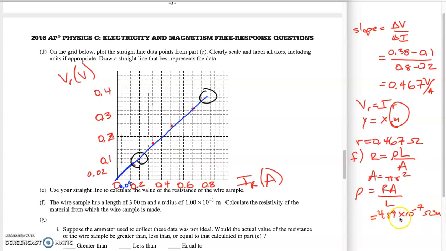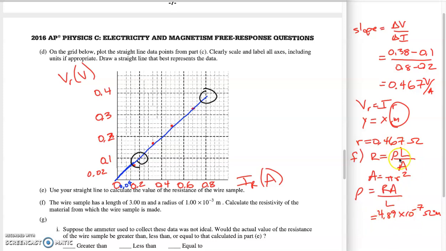Now, obviously, your answer will be a little bit different based on whatever your slope is from your hand-drawn graph. For reference, the answer key has a resistance of 0.53, but they allow that the linear regression from these guys is, using a calculator, going to be 0.49, which means that the resistivity is going to be 5.51.